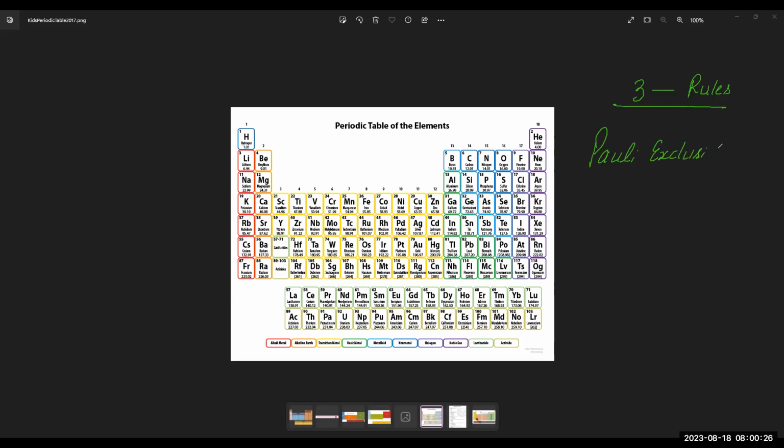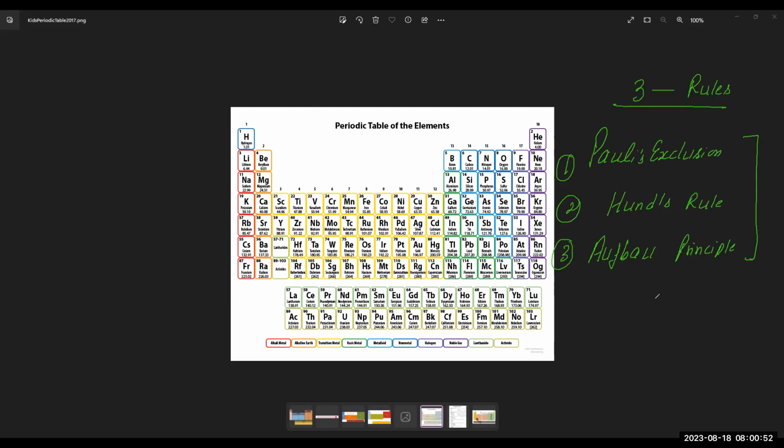Pauli's exclusion principle. Second, yes, Arjun. Hund's rule. Third, Arjun is already talking about it. Aufbau Principle.